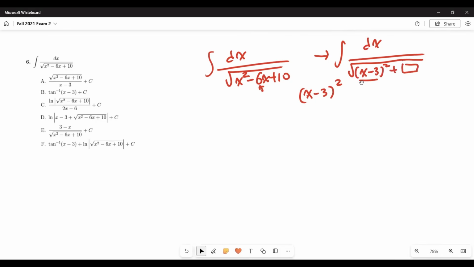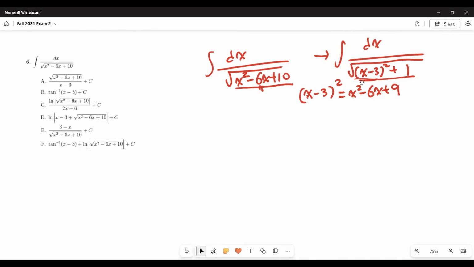So x minus 3 squared is x squared minus 6x plus 9. In order to make x squared minus 6x plus 10, you just have to add 1, right? So there you go. We have the completing the square form of the integration.